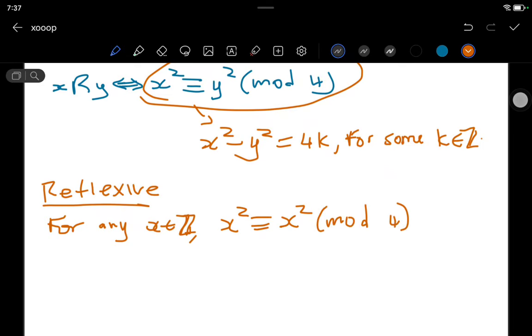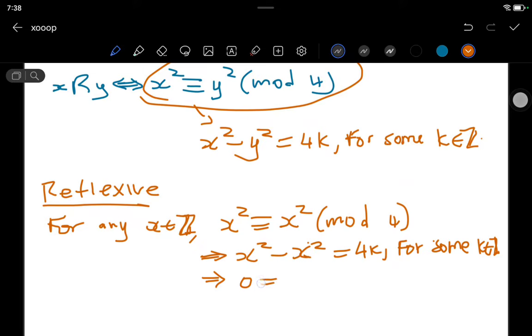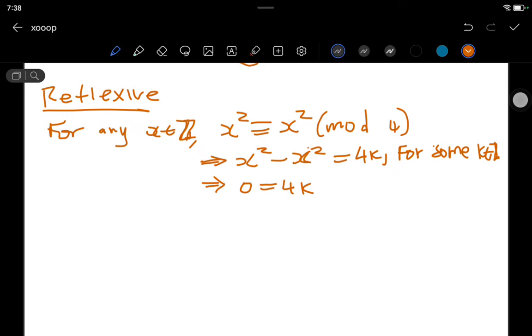Now, to prove this, it means x squared minus x squared, using that definition, is equal to 4k. You must also include for some k element of the integers. This implies 0 is equal to 4k, so 0 is equal to k.